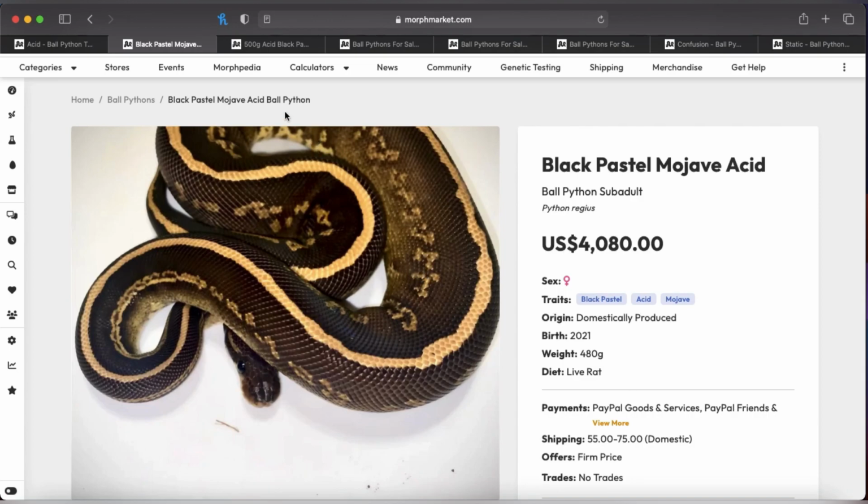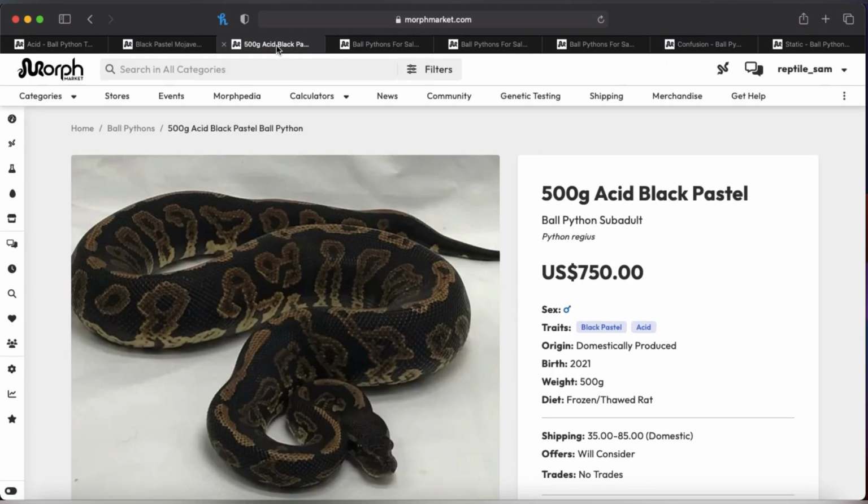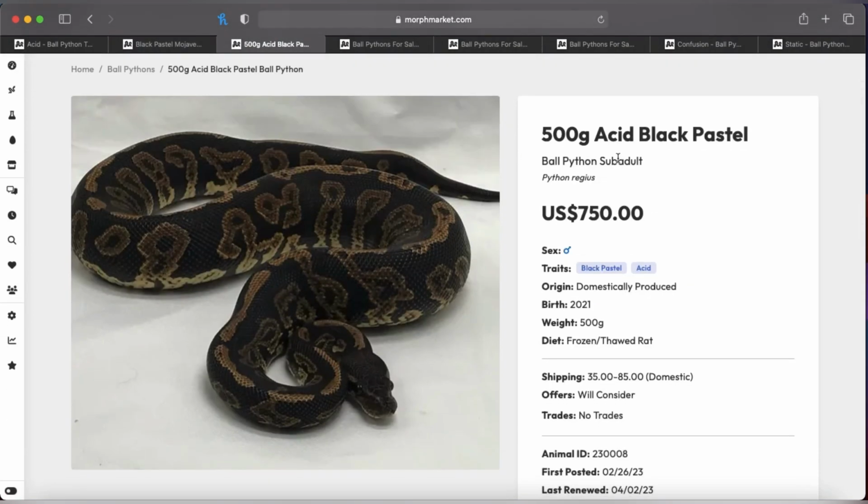You can spend $4,000 on a snake with black pastel and Mojave, which are fairly common genes, and throw acid in it, and it jacks up the price like crazy. And then if you take out Mojave, and this male right here, that's a really cool animal. He's a black pastel acid, and look how much darker this guy is. Black pastel and acid work really well together. It's one of my favorite two-gene combos I've seen recently.